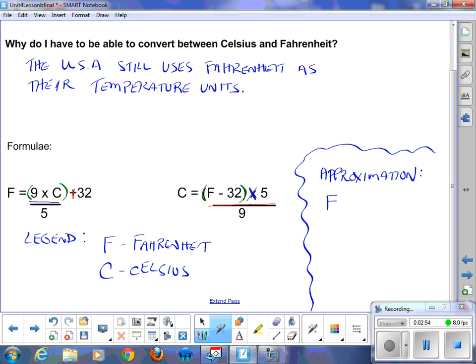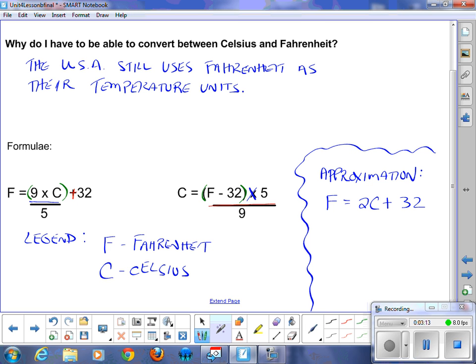So what I usually do is double my Celsius and add 30 or 32, depending on whether you remember the exact value. It'll give you a pretty close approximation.